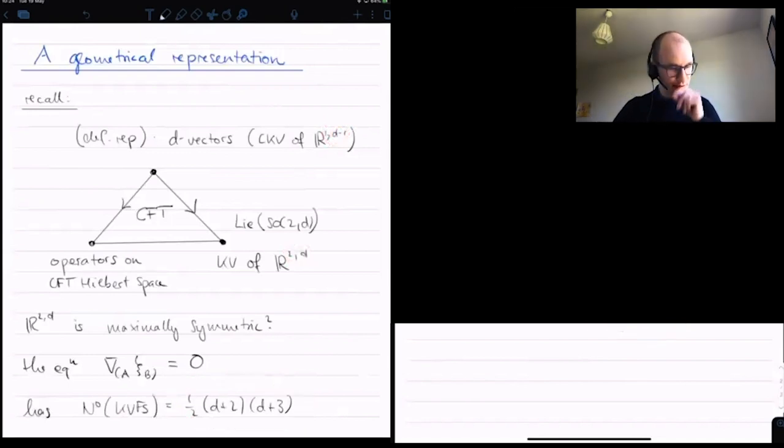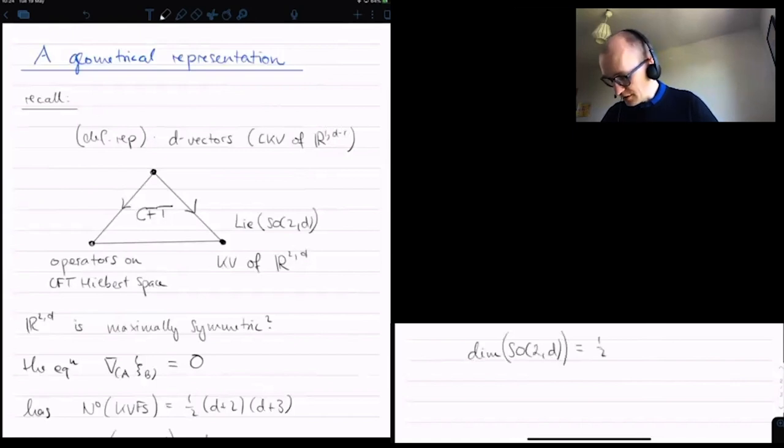But we've also written down the dimension of the conformal algebra. This was SO(2,d). We've already written down that it has 1/2 (d+2), that's promising, but actually it's (d+1) here, okay?